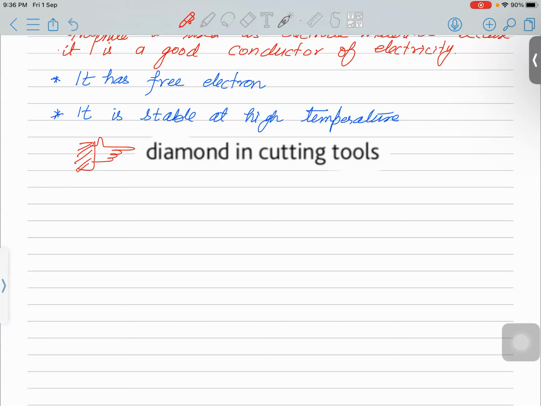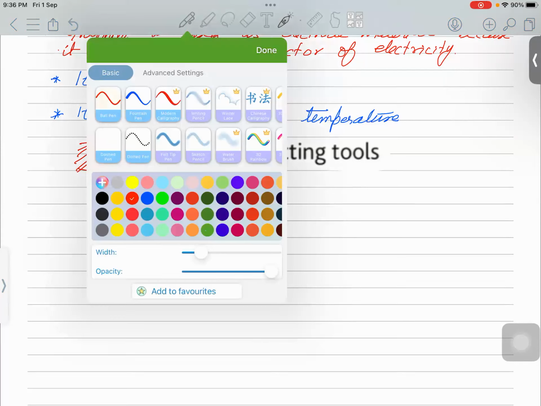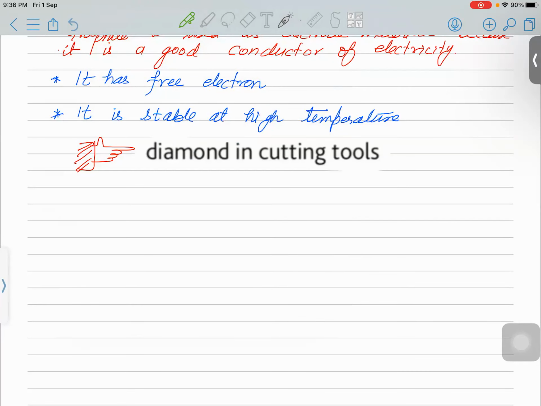Can graphite be used as a cutting tool? No, sir, because graphite is soft and its layers are weak. Okay. So the question is, why is diamond used in cutting tools?